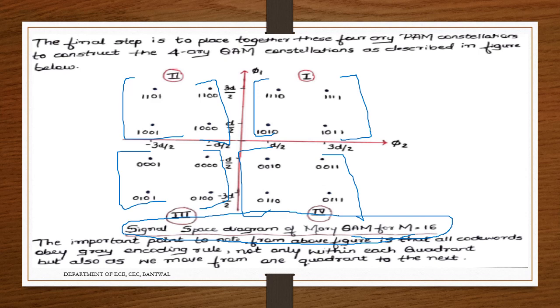And this is the important thing to take: the code words obey the Gray encoding rule. You can observe it here. The Gray code has been observed not only within each quadrant, but also as we move from one quadrant to another. The quadrant rule has been achieved. Okay, that is 0 0, 0 1, 1 1, then 1 0. That's the quadrant sequence we usually choose. You can check here.